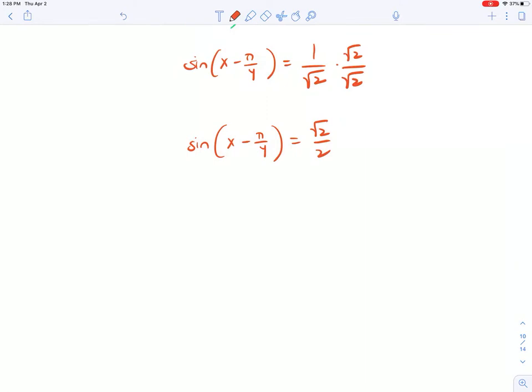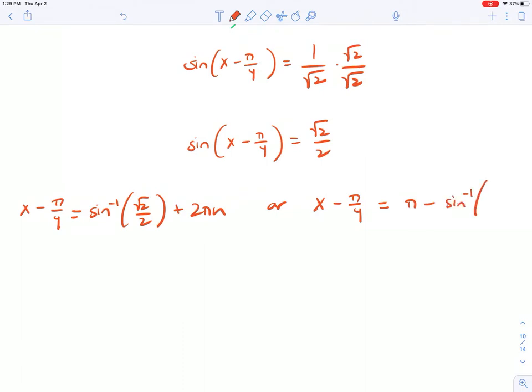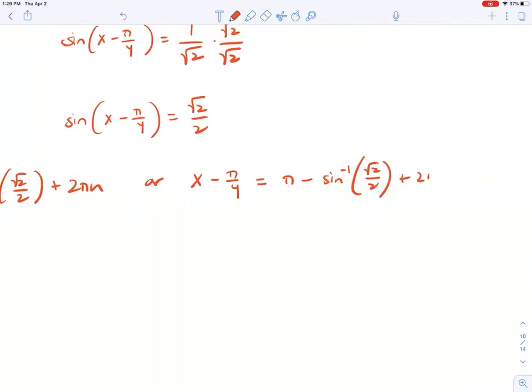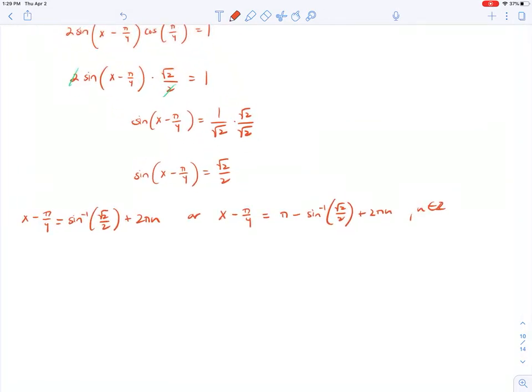So then just using the method for coming up with the general solution set, I'll have x minus pi over 4 equals inverse sine of root 2 over 2 plus 2 pi n, or x minus pi over 4 equals pi minus inverse sine of root 2 over 2 plus 2 pi n, where n is an element of the integers.